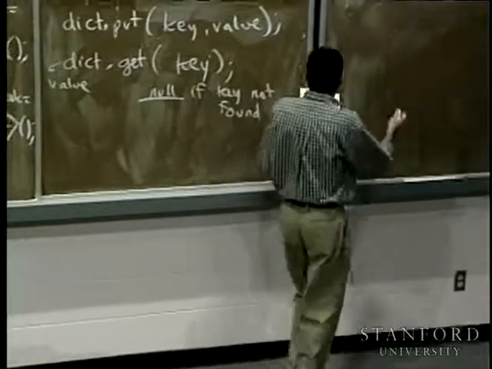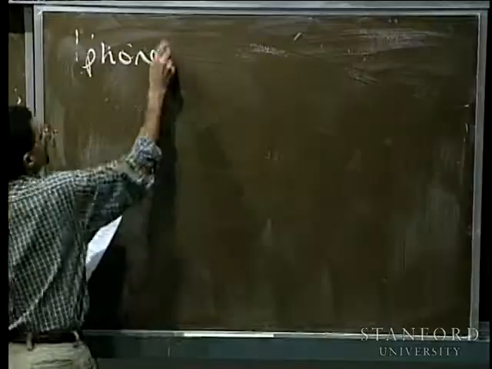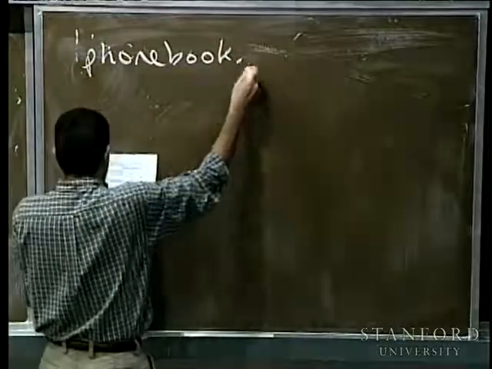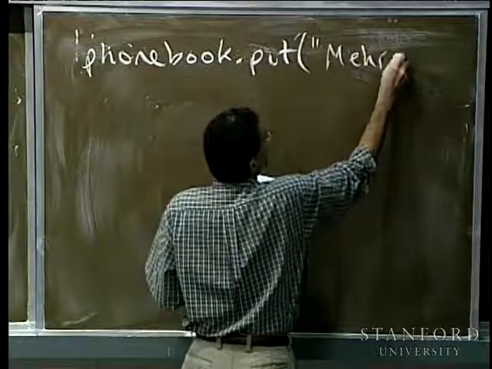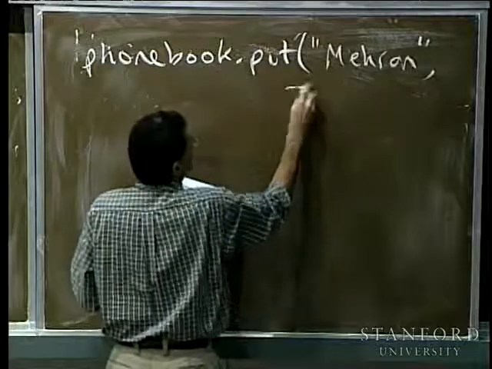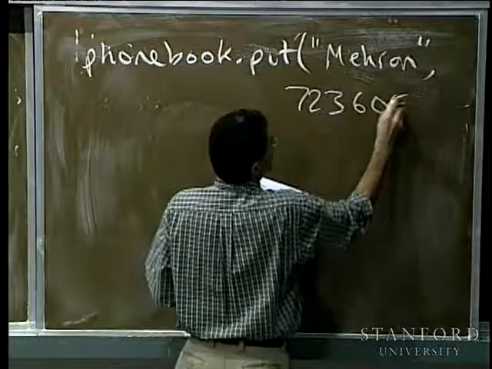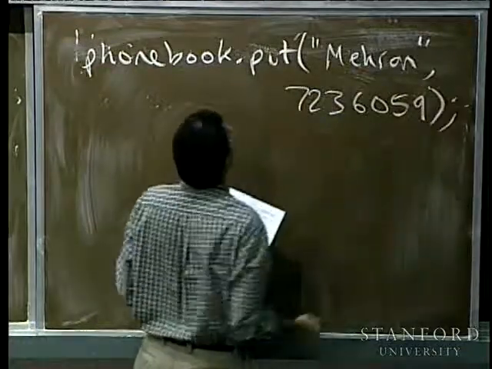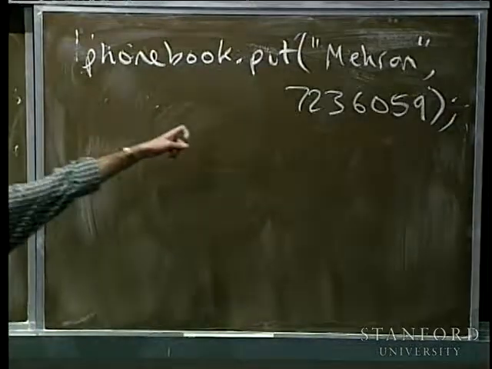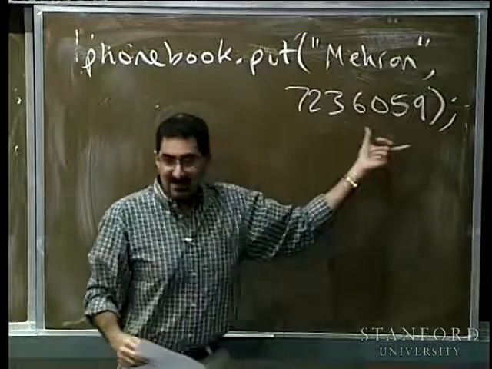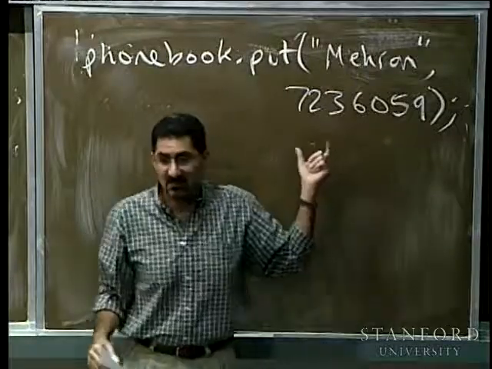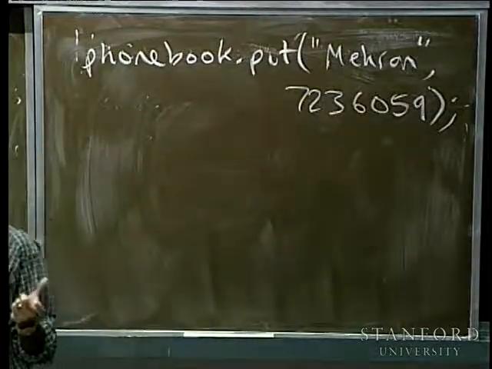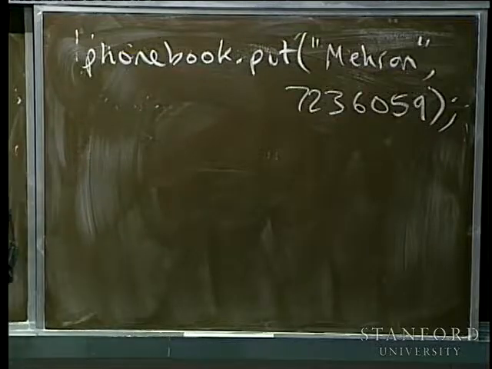All right, so let's create a little hash map and add a couple values to it. If I had my phone book, I could say phoneBook.put. It's always a dangerous thing to give out your phone number, but it's on the first handout, 723-6059. This thing is an int, so in order for it to become an Integer, it's automatically going to get boxed up for you, and that's what's going to get stored.